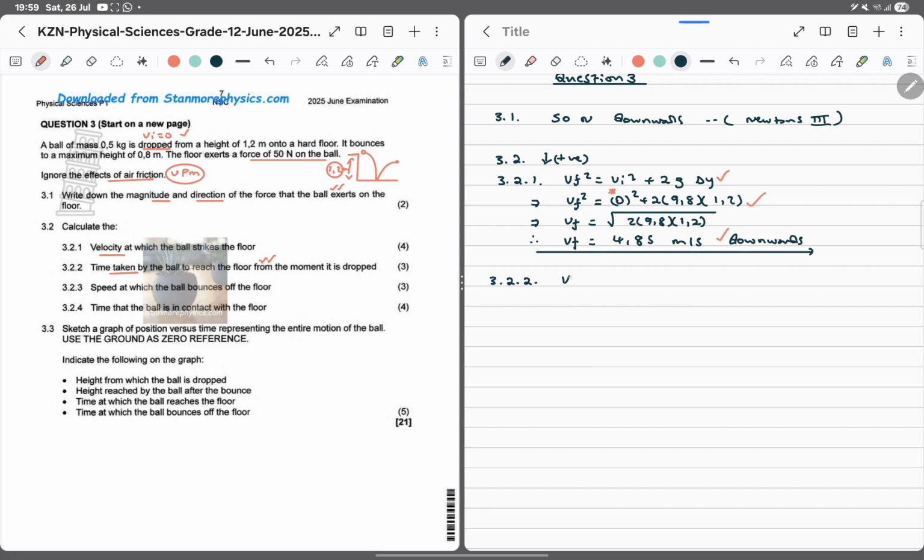So in any case, the final velocity equals initial velocity plus g delta t. This one becomes easier to work with. So this is 4,85 equals 0 plus 9,8 delta t. Okay, so this implies that our delta t is going to be 4,85 divided by 9,8.